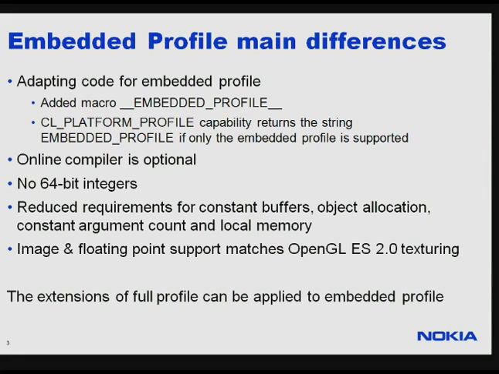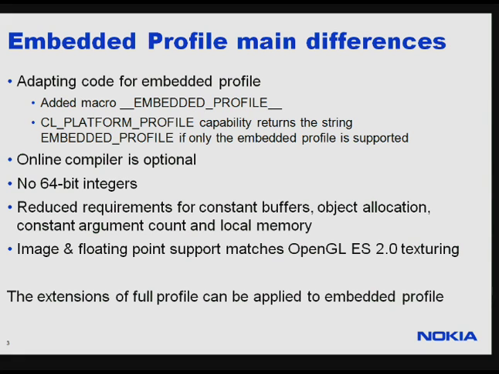Other things that are optional include the online compiler. It's not required that you can compile the kernels on device. There are no 64-bit integers, and there are reduced requirements for constant buffers, object allocation, constant argument count, and local memory.